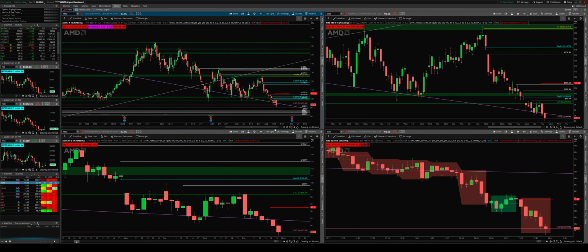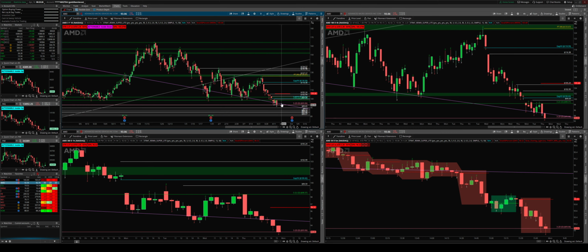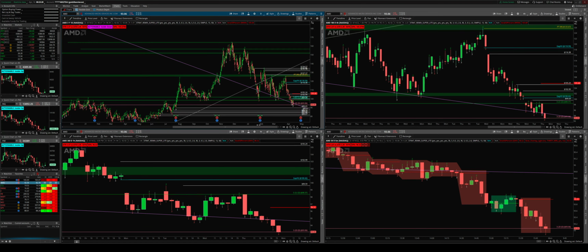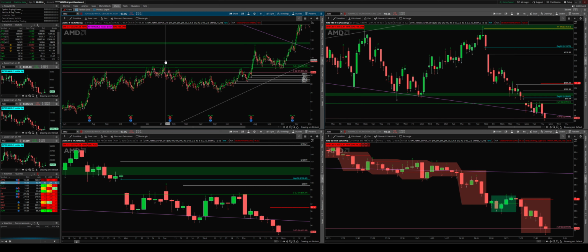Now, it looks like I'm going to have to draw some more liquidity boxes. So let's see if we can find some sort of abrupt move that moves things up very quickly or down. So it does look like we have an area right around here.